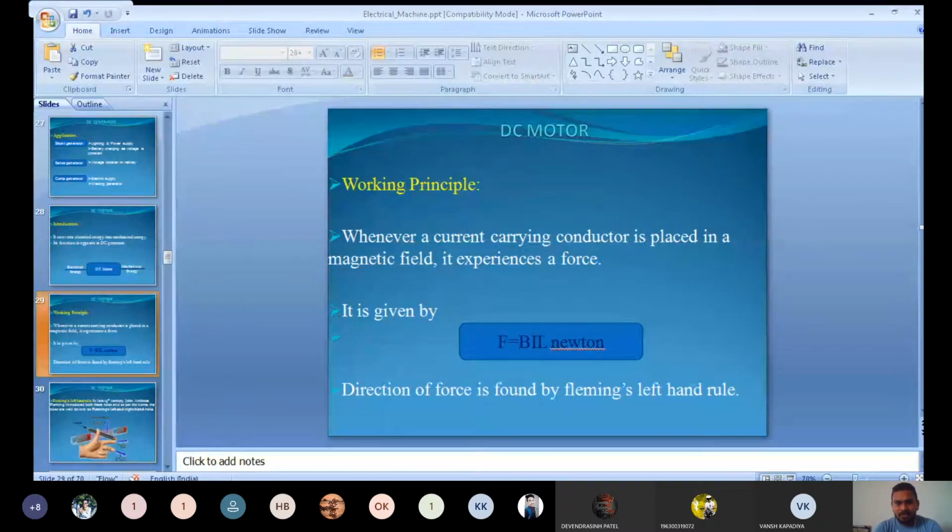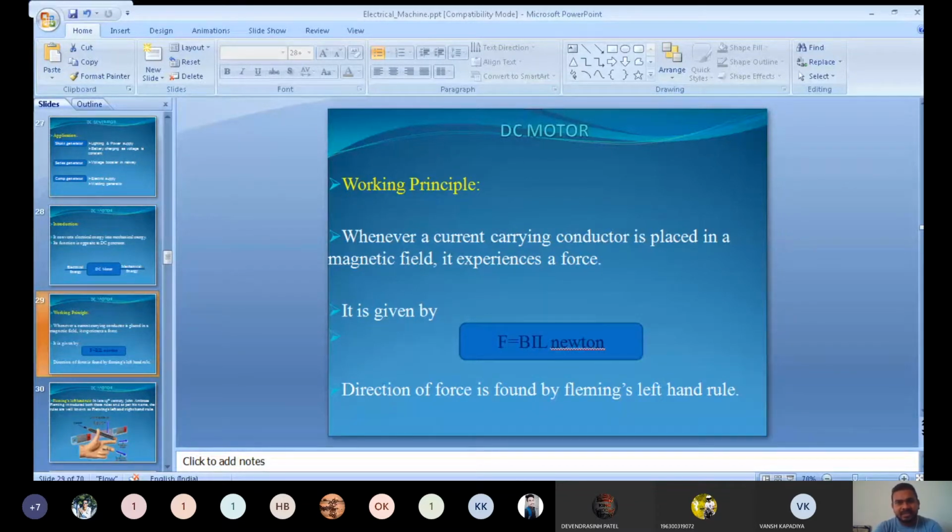So when we put a current carrying conductor into a magnetic field, it experiences a force given by F equals BIL Newton, the unit of force being Newton.